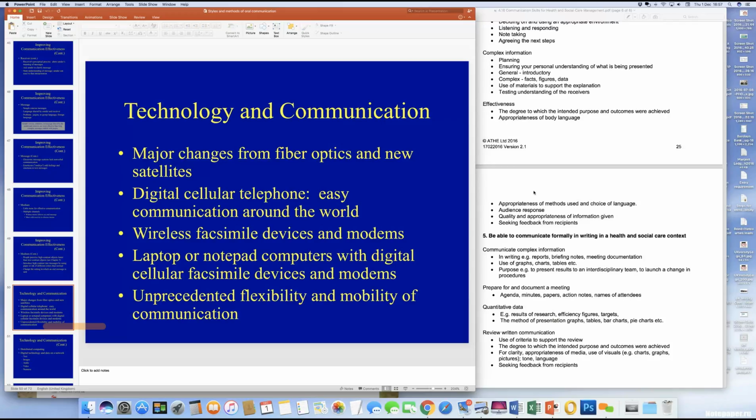So in a nutshell, when we look at technology and the use of technology specifically for oral communication, we look at telephones in particular. We also look at applications like WhatsApp now, which support video calling, FaceTime and things like that.